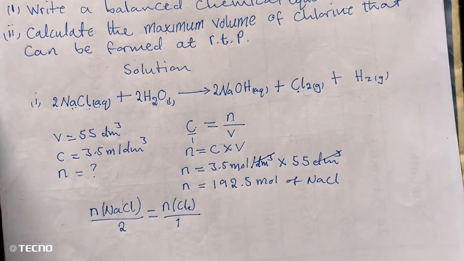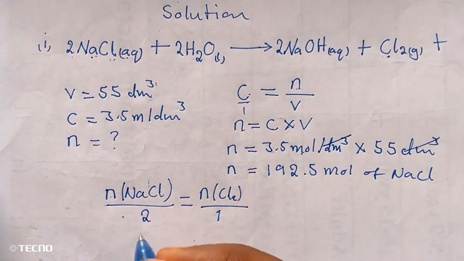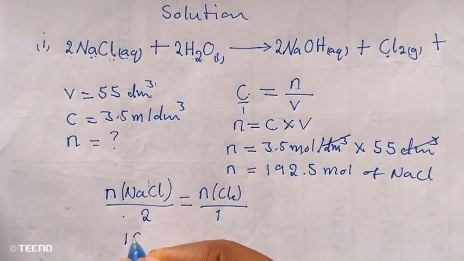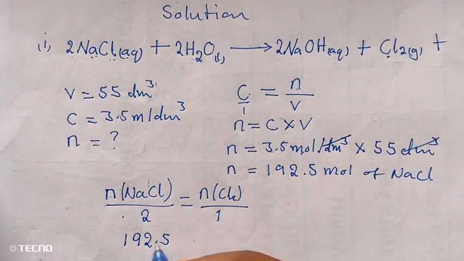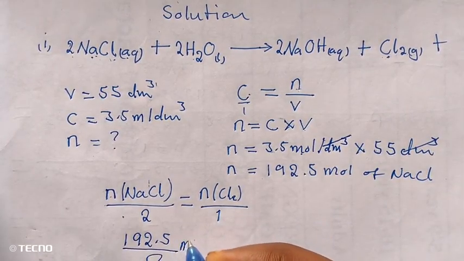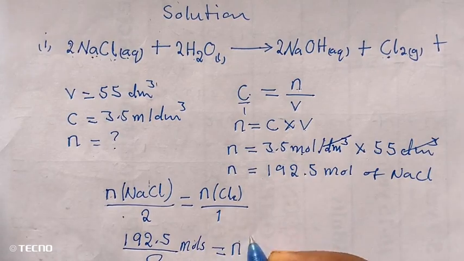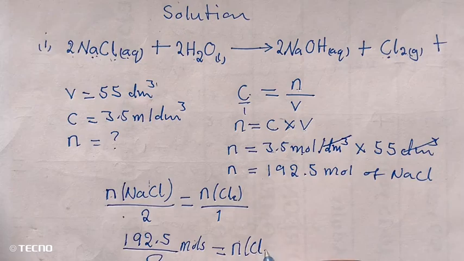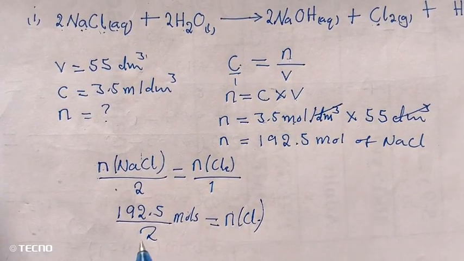So let's replace: 192.5 moles over 2 is equal to the number of moles of chlorine.